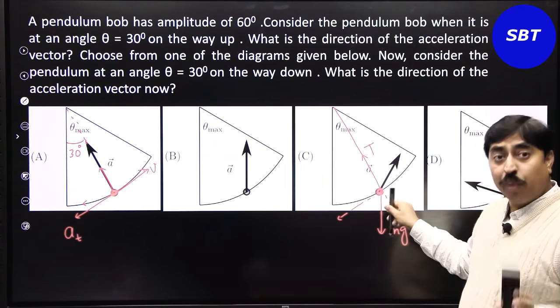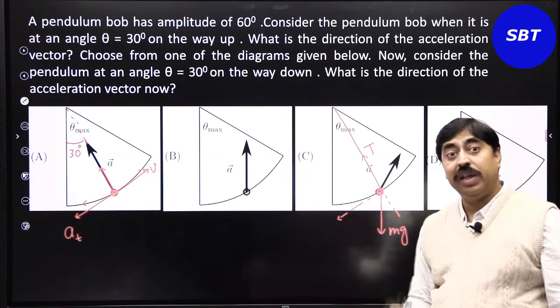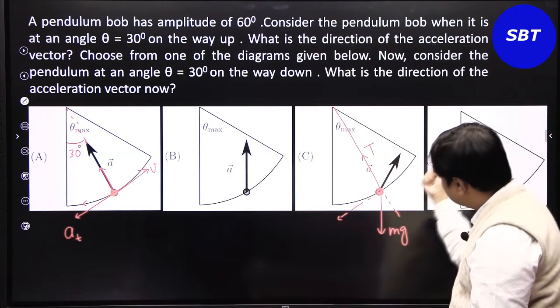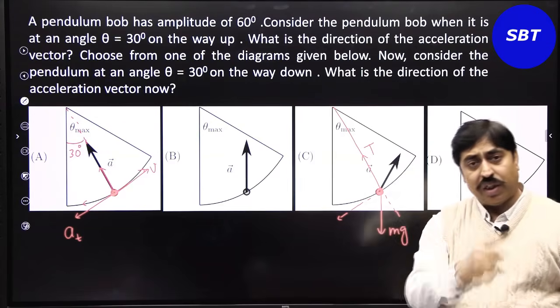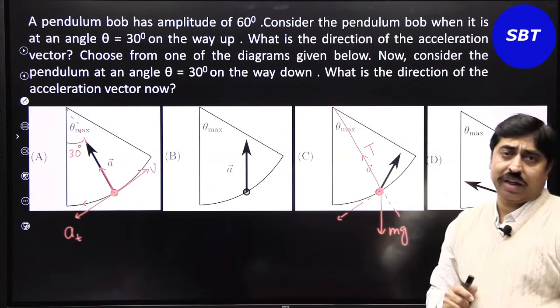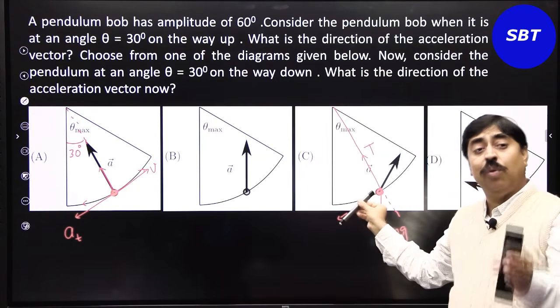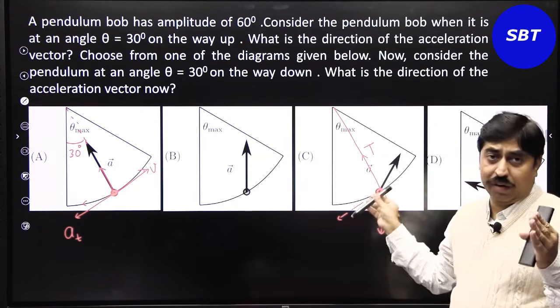Now, these are two perpendicular directions, radius and tangent. In the tangential direction, there is only one force acting on this pendulum bob. mg का जो ये component है, that is the only force acting on this pendulum bob in this particular position in tangential direction.